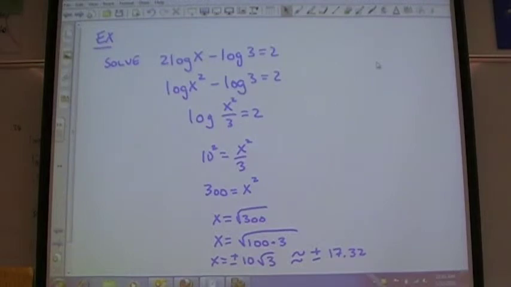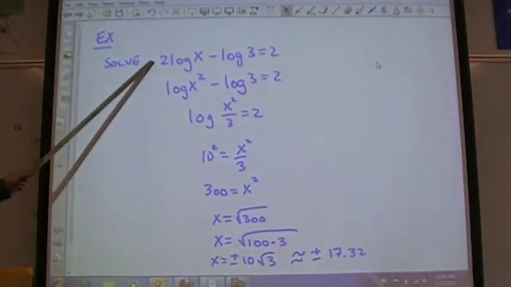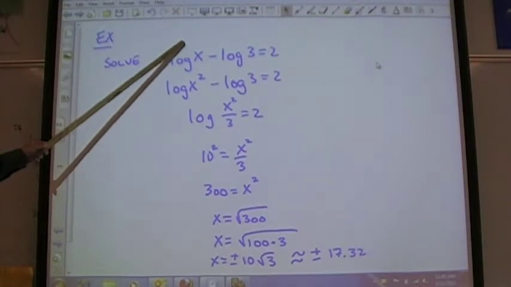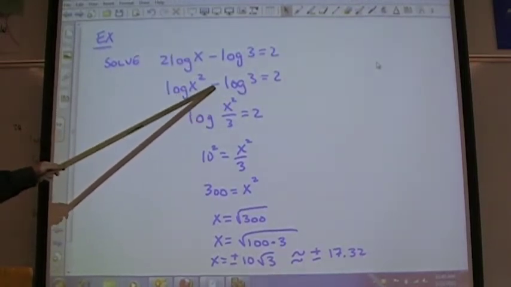All right, when you solve logarithmic equations, you can't have logs showing up more than once. So you've got to use your properties of logarithms to condense. So the first thing I do, if I have a number in the front, using the power property, where does it go? It goes up to be an exponent, as x squared. What property goes with subtraction? Division.